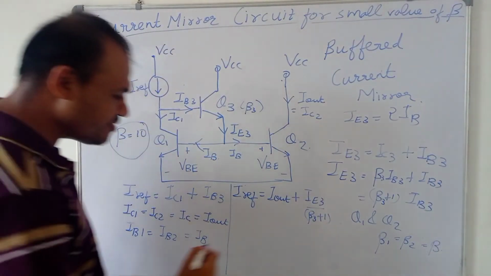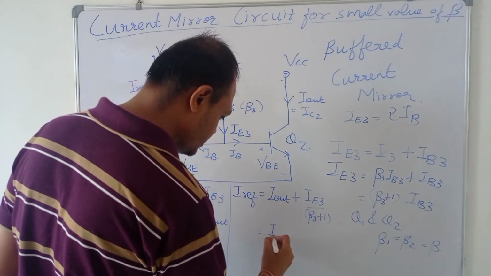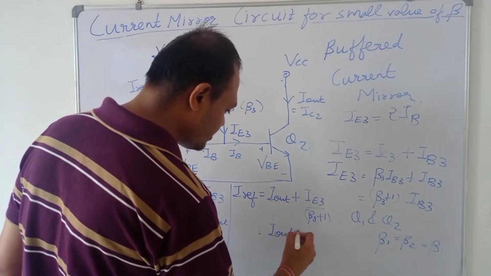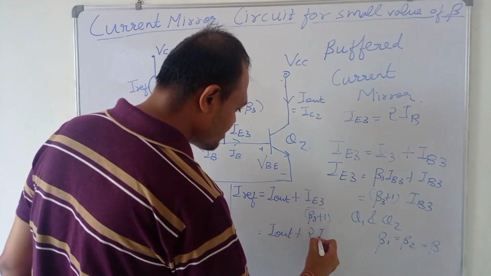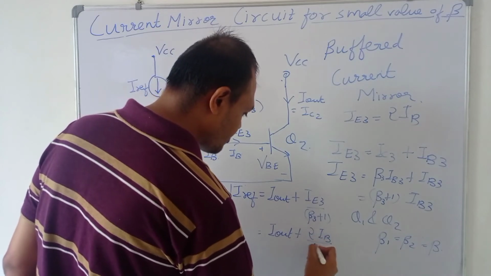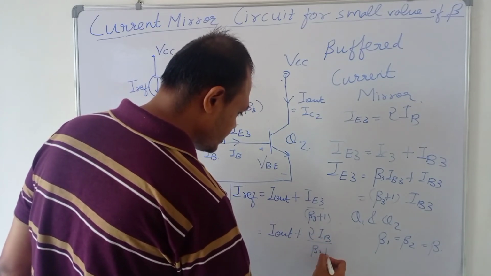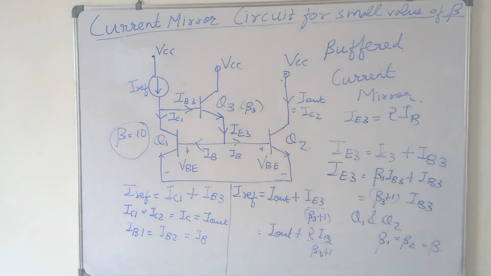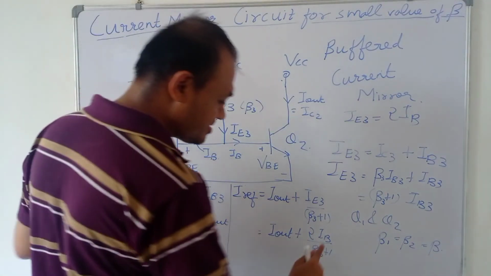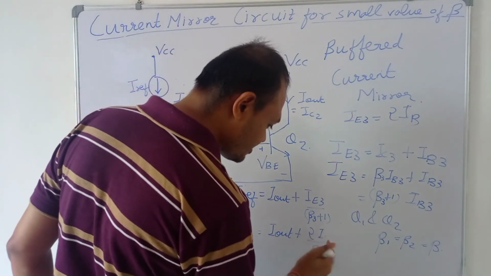So this will be equal to I out plus 2IB upon beta 3 plus 1. And IB I can write as IC upon beta.